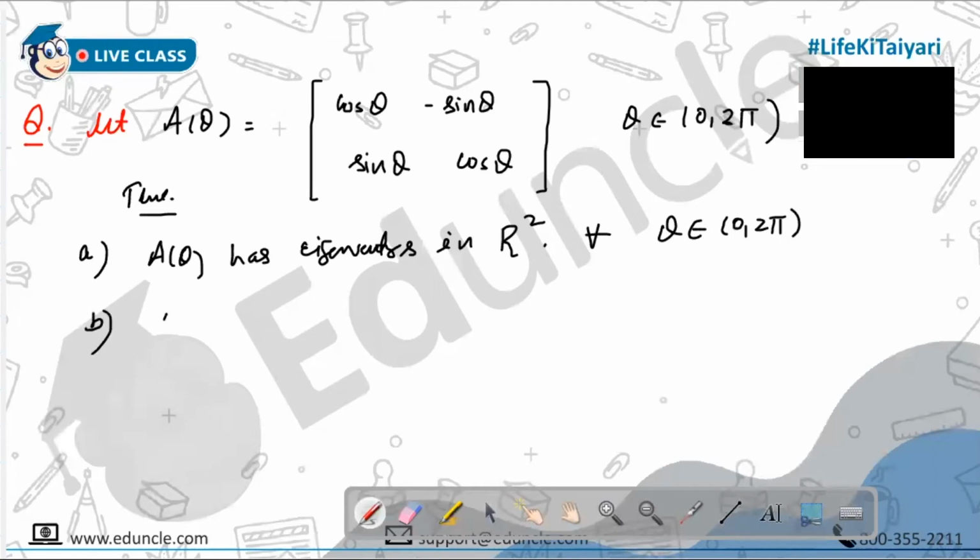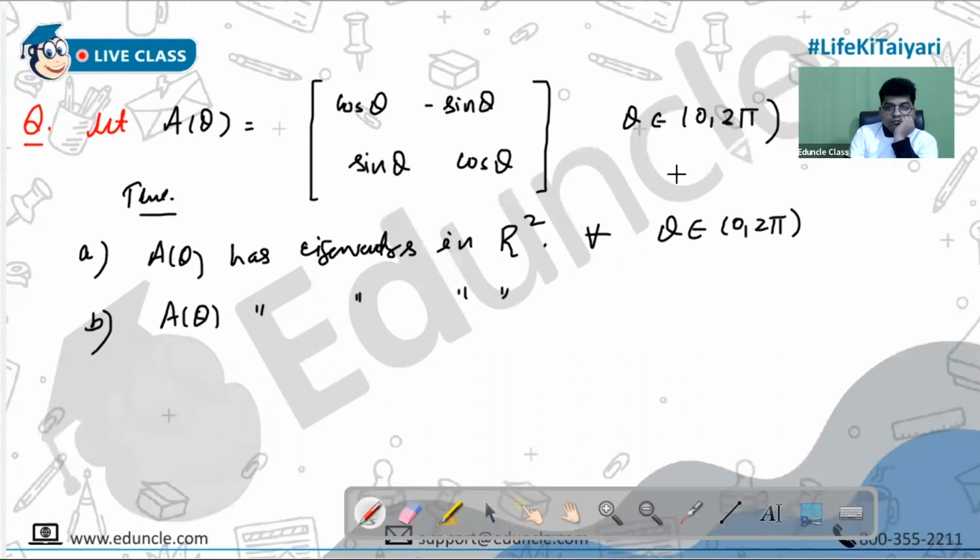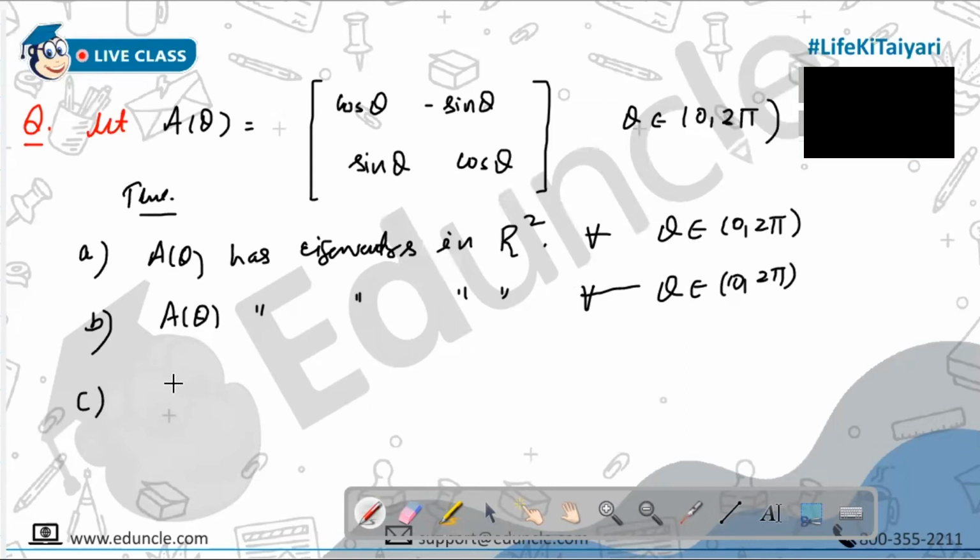Second option: A of theta has eigenvectors in R square for any theta belongs to 0, 2 pi.